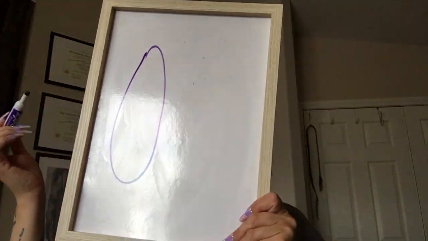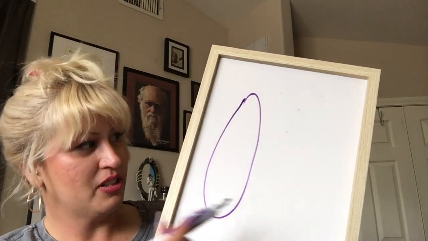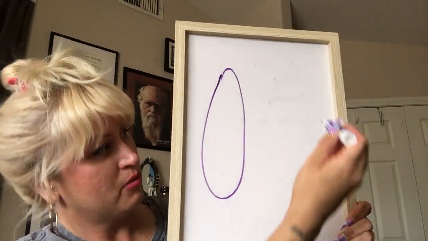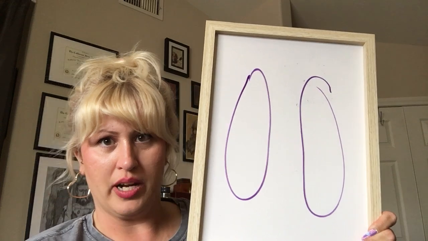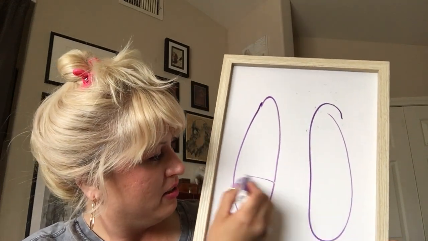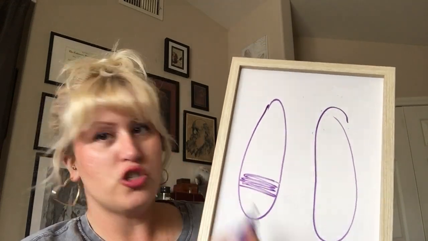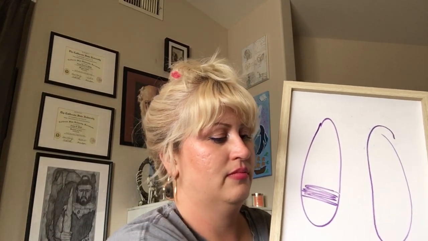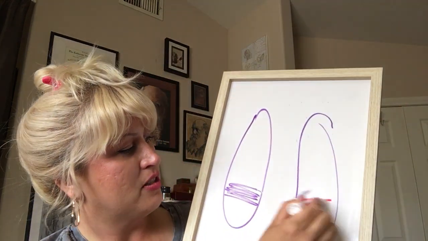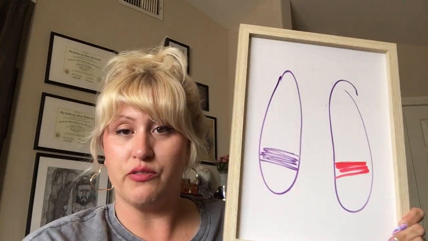Maybe because I'm right-handed, I need to do it this way. Oh, that's much better. So here's one chromosome, here's another, like they're pairs of chromosomes. We could say, on this section, that's a gene. And then there's the same gene on the other of the pair.